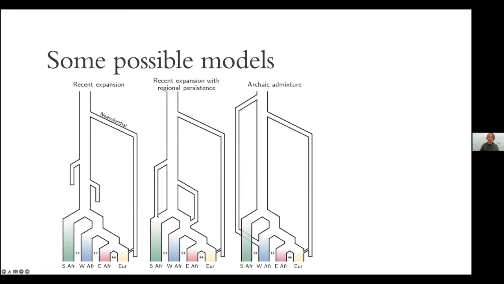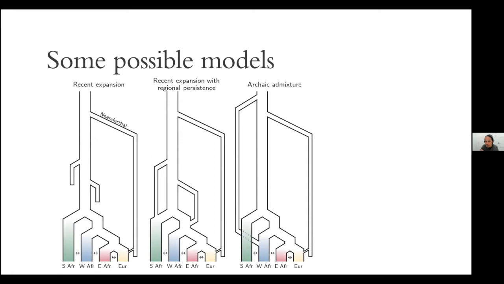A model that has been discussed a lot is the model of archaic admixture. So I showed you some of these, the slide on crania, and there was evidence of hominins, essentially humans that are fairly diverged from modern humans, that look fairly different, that lived in Africa at that time.